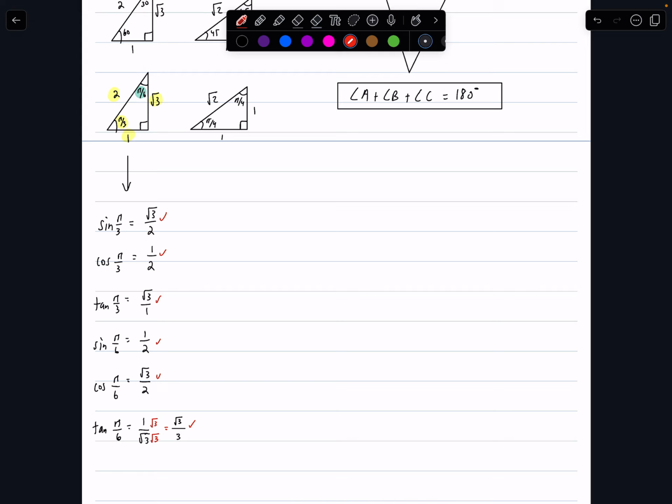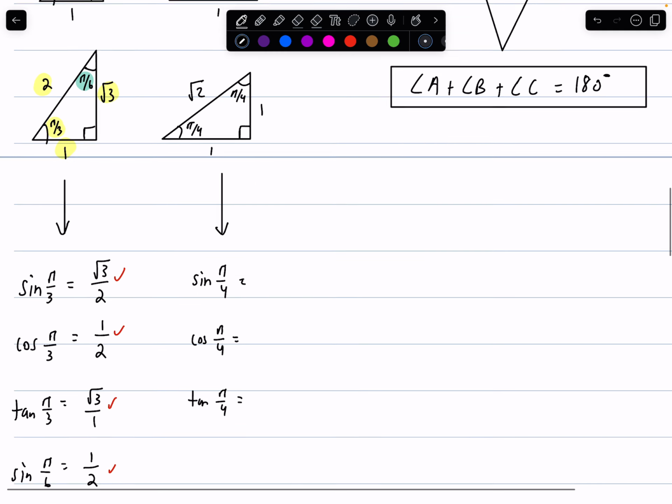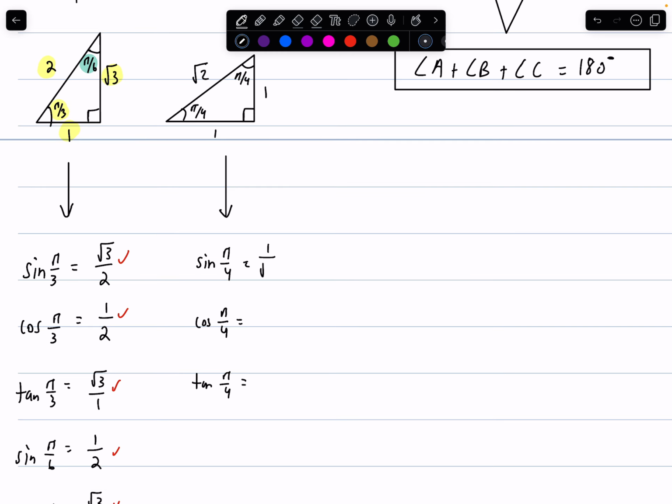So this is how we find the common trig ratios for these special triangles. And we're going to do the same thing for the other special triangle. But the good news about this one is it's just sine pi over 4, cos pi over 4, and tan pi over 4. So sine pi over 4, we get 1 over root 2. Cos pi over 4, we get 1 over root 2.